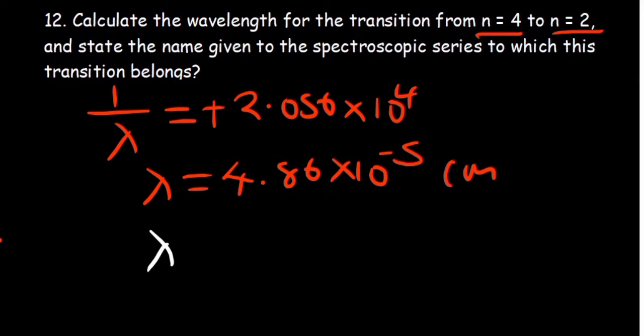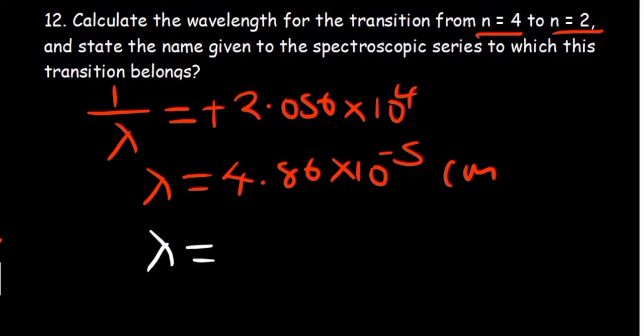So you want to convert it to meters, or even take it to nanometers so that it makes more sense. Let me take it to meters first: 4.86 times 10 to the power negative 5.